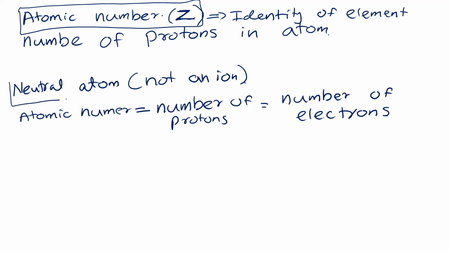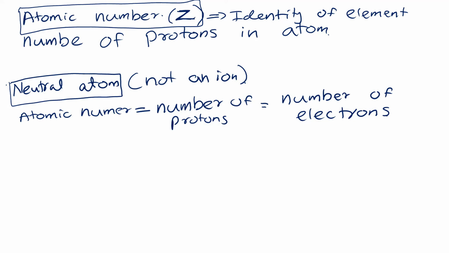Now that is for a neutral atom. You cannot do this for a charged ion, because in a charged ion you will have a different number of electrons. All right, so this is the atomic number.